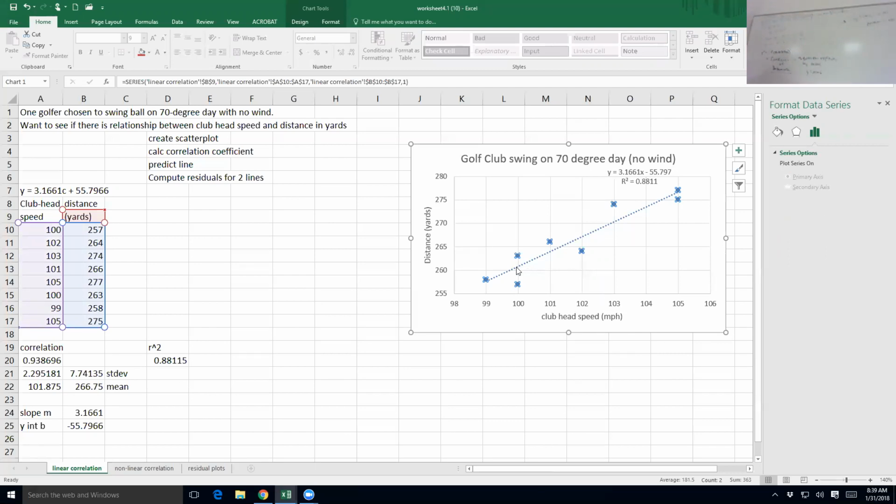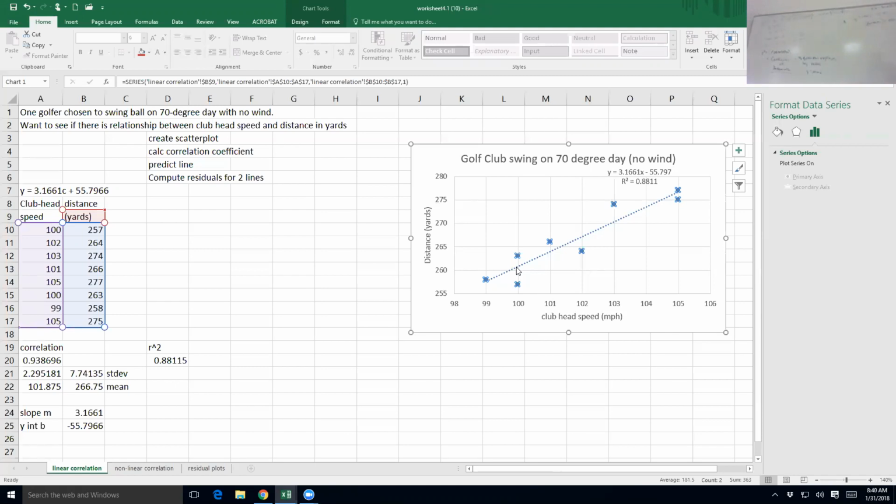So I want to create what's called a residual plot. This is actually 4.3 that we're talking about now, residual plots. So we need to figure out what is the residual.